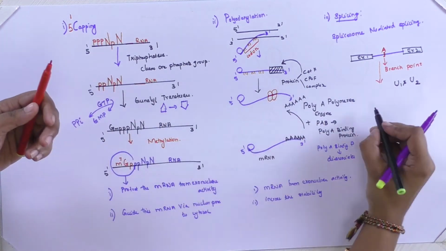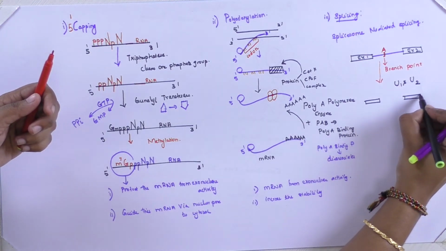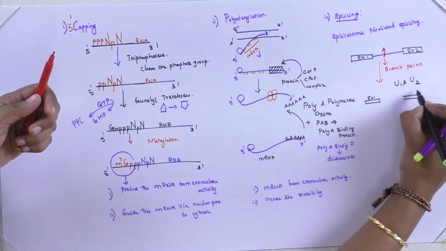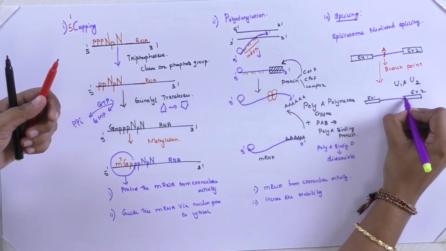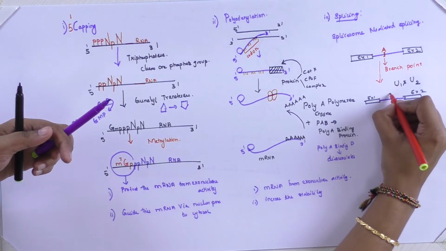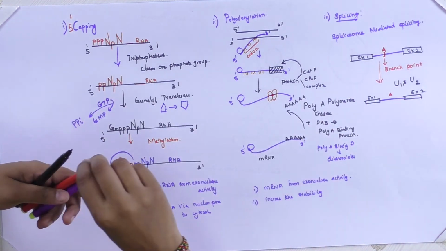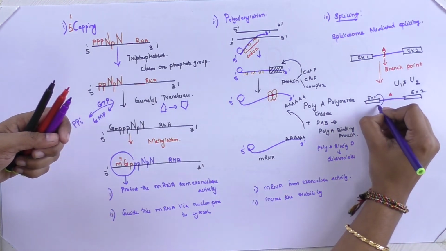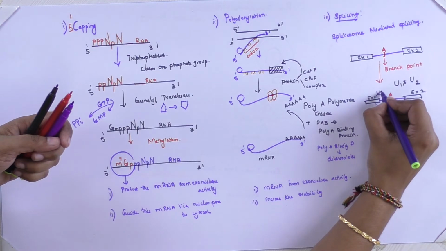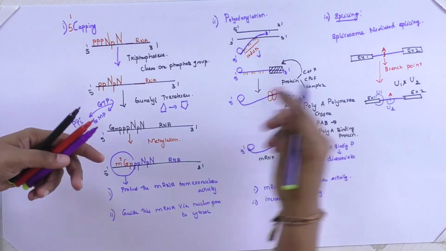So I'm drawing it again, the exons. You'll have exon 1 and exon 2. Now you'll have the adenine residue here. U1 is going to act here, and U2 is going to act at this branch point.